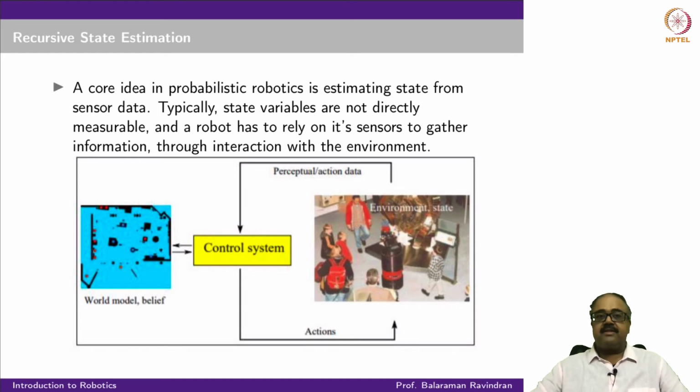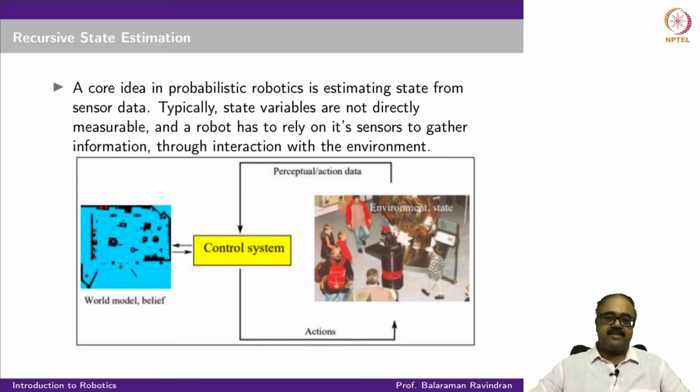So that's the recursive state estimation. It is recursive because I start off with making an estimate for what my state is. Then I make an action, and then I make new measurements of my world, new measurements of where I am. So I have an original estimate of my state. So I am in this particular location and I am facing north.